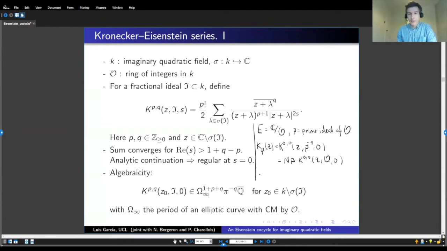And if you do this, then it's very easy to show that this differential form, where omega infinity is the period of this CM elliptic curve, has logarithmic singularities. And in fact, you can show that it's of this form, where this lies in Omega^1 of E minus the P-torsion.